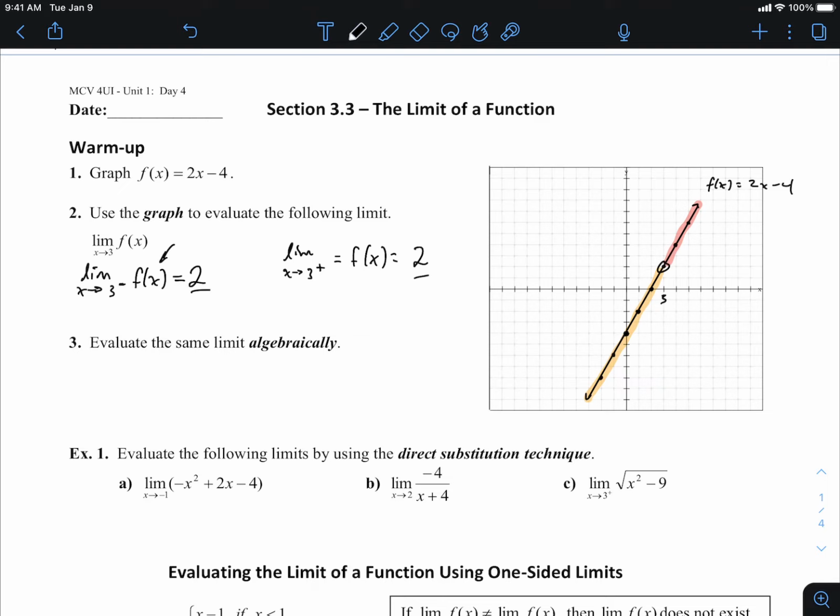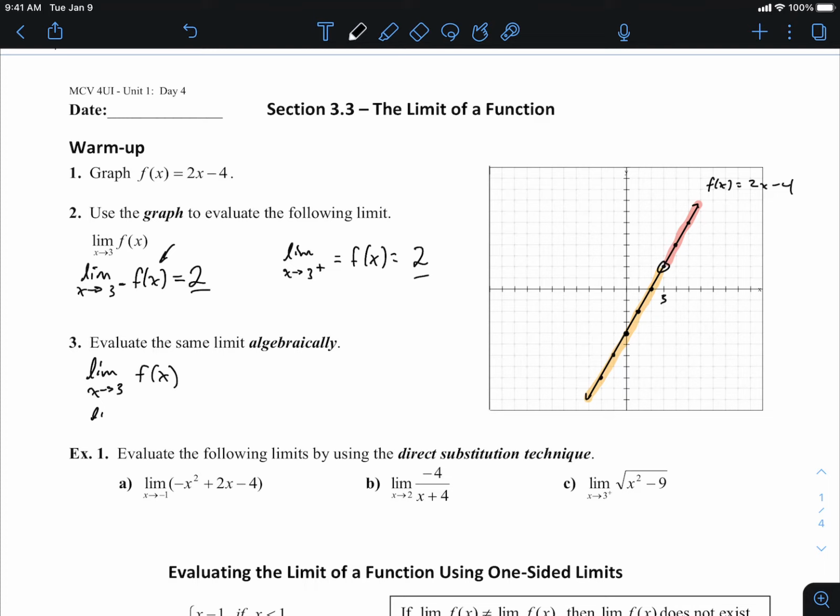And then if I were to use what we're going to call the direct substitution technique, which we'll see later on in the next question, I can look at what happens when x approaches 3, not from the right or from the left, but right on 3. You can say, we're just going to substitute the limit right in there.